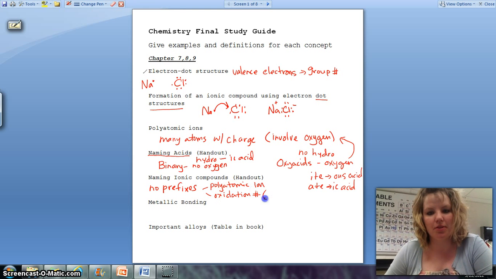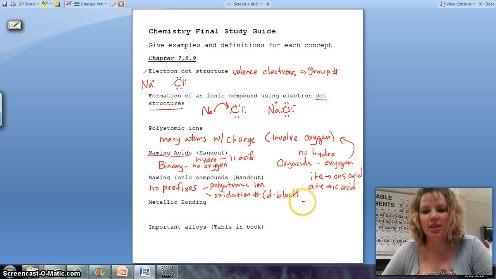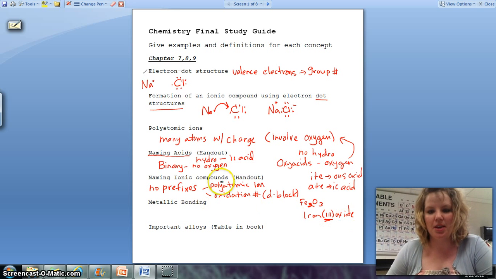That's going to be something from the D block, and you would have to write it out accordingly. So like if you have Fe2O3, you would have to write that iron(III) oxide. That's the only tricky thing there, and then being able to identify those polyatomic ions.